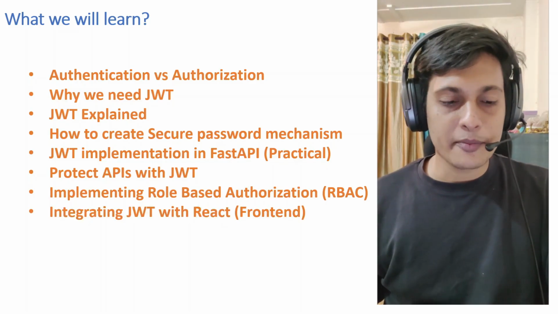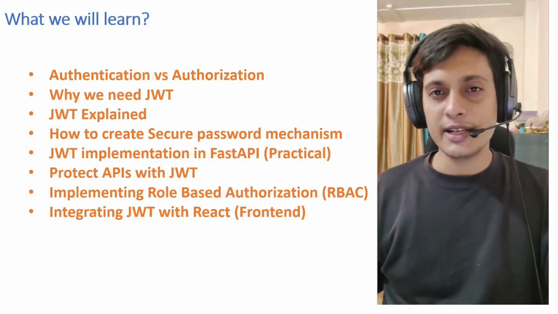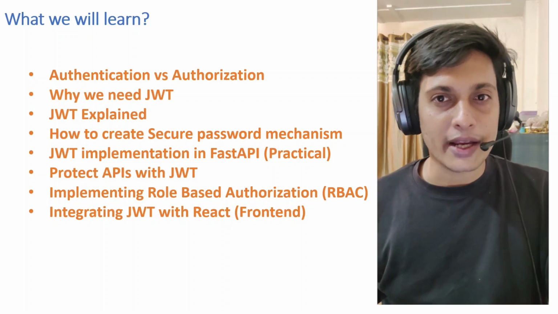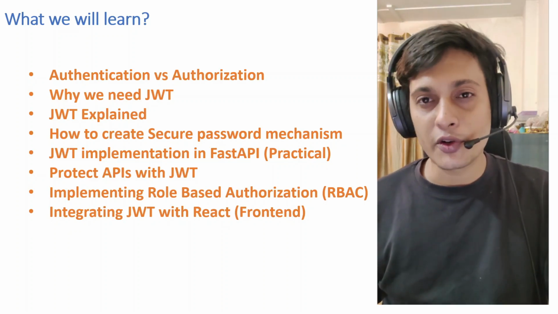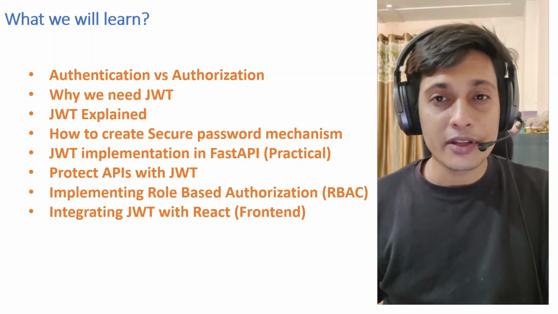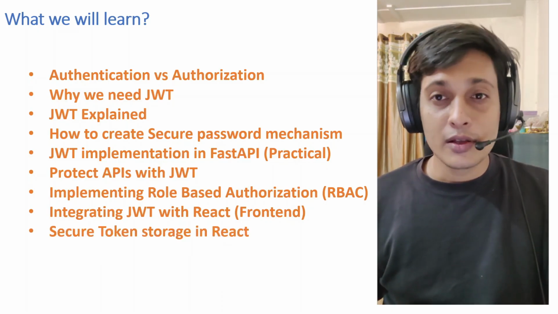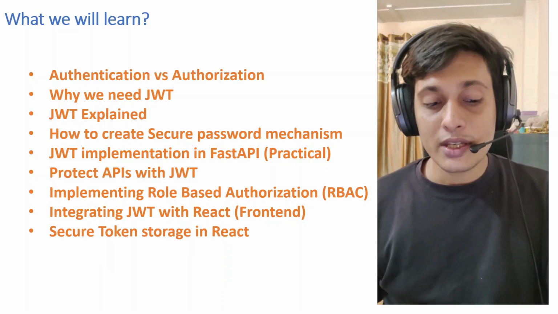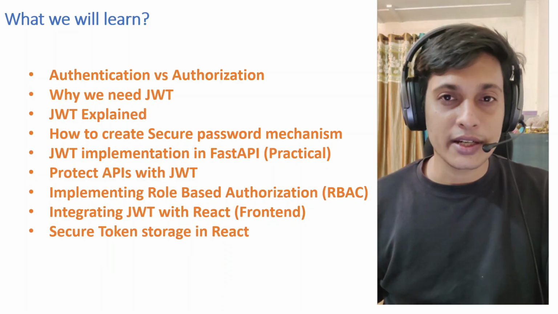And coming to the second part, we are going to integrate this JWT with React too, because it's the front end which will drive our backend from the user's point of view. So we need to understand how we can integrate this JWT with our React application too. In this part, there is one more thing which we need to know, that is how we can secure the token storage in React.